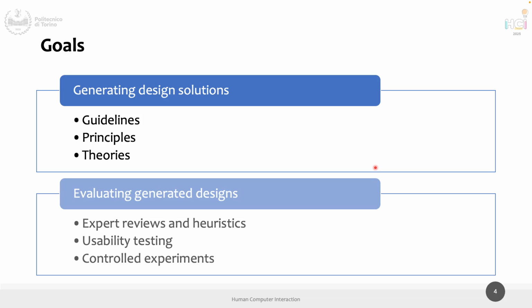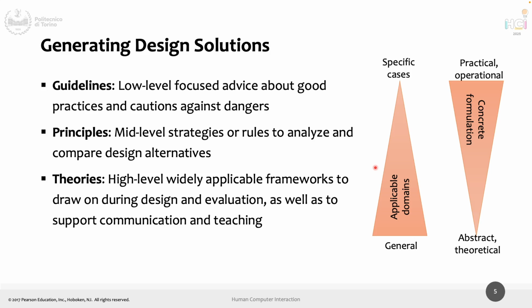A lot of bad examples, some positive examples, but the goal for today is to think of these principles as a way to generate design solutions, because in assignment 2 you will need to design 2 user interfaces of your solution, which you are finishing up in these days for assignment 1. Okay, so that is the goal for today. You can also use principles to evaluate, but that will be something we will discuss in a few weeks.